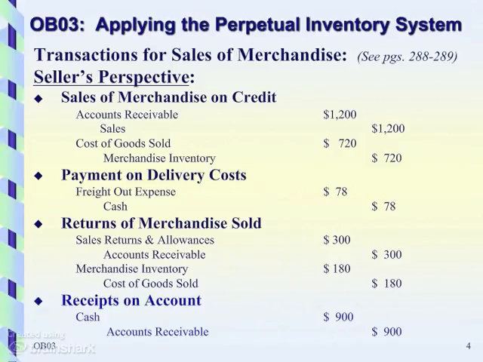That sale on account was reduced by the sales returns and allowance of $300, and our accounts receivable was reduced by a comparable amount. So the amount remaining in our accounts receivable and the amount that the buyer owes us is $900. $1,200 minus $300 equals $900. So we're now collecting on that $900.